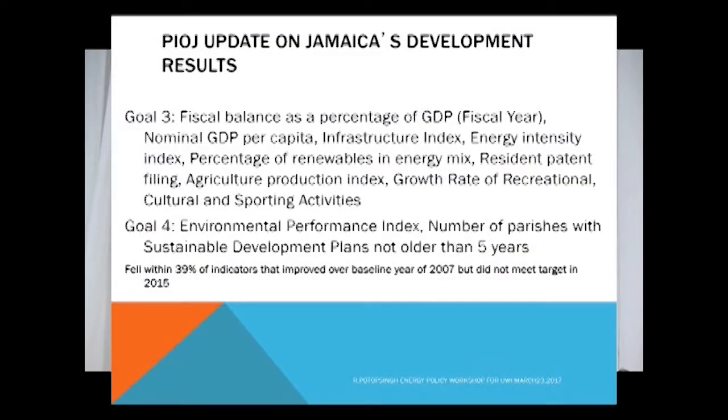And if we look at the ones that pertain to renewable energy and sustainability, Goal 3 speaks to energy intensity, the energy intensity index, reducing that because, in fact, Jamaica has one of the highest energy intensity indices in the Latin American and Caribbean region, being about the 9th highest among 39 countries.